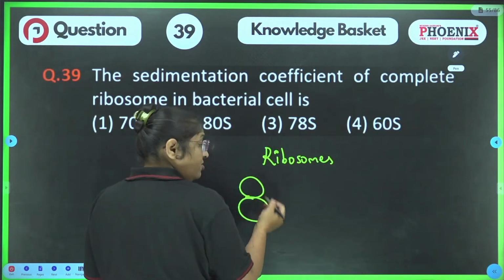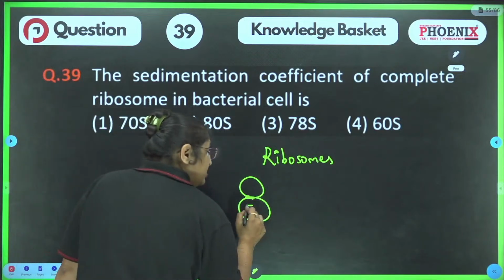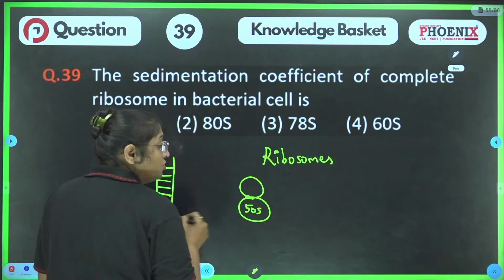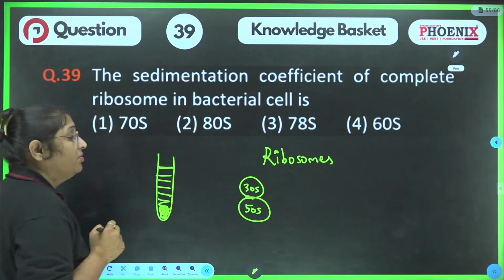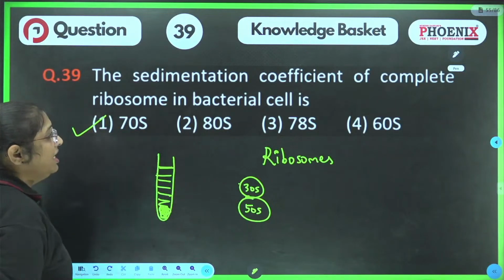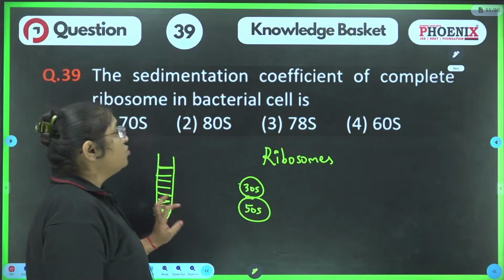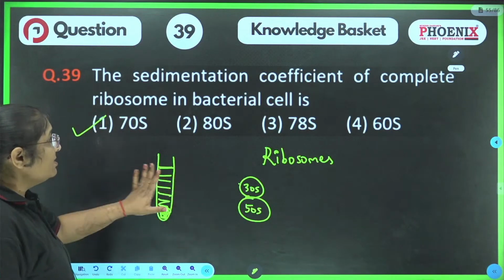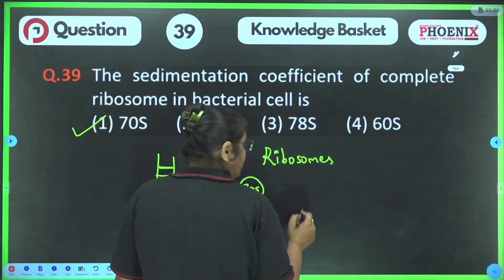The bacterial cell has the 50S larger subunit and the 30S smaller subunit. They combine and give 70S. So the sedimentation coefficient of complete ribosome in bacterial cell is 70S. 80S is for eukaryotes.